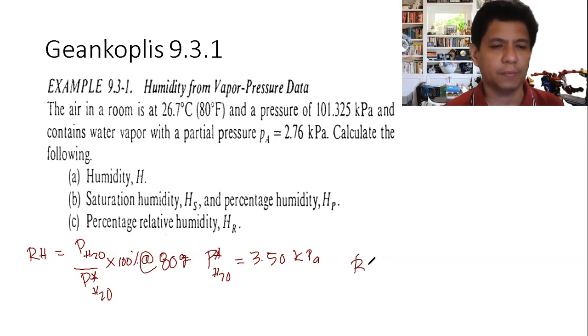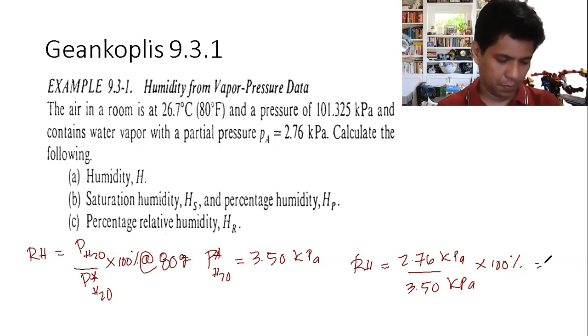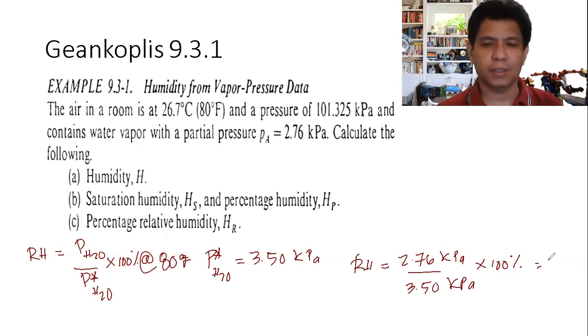So RH is equal to pH2O, 2.76 kilopascal, divided by 3.5 kilopascal, times 100%. We have 78.86, around 79%.